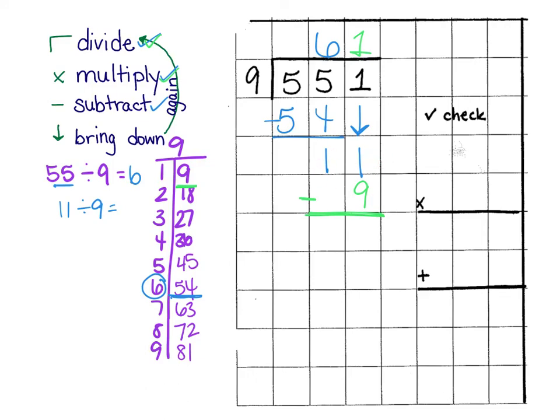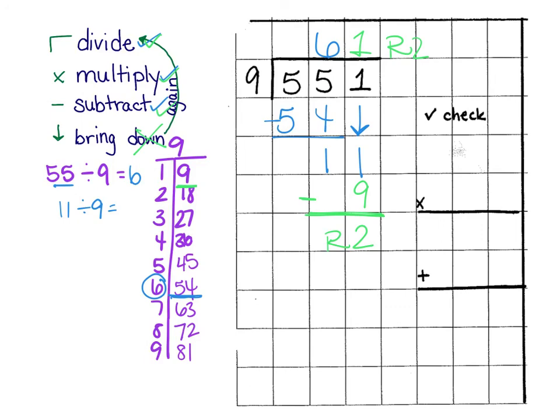There's only 2 numbers. So our answer is 2. Now that we've subtracted, we cannot bring down this time because there are no more numbers to bring down. So that tells us that we have a remainder of 2. So we have 61, remainder 2.